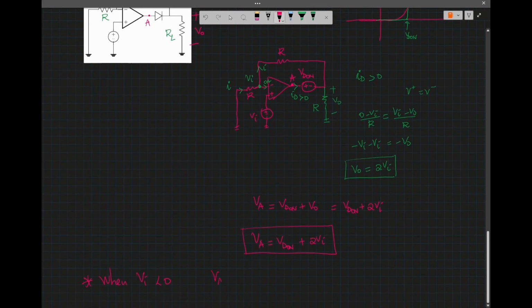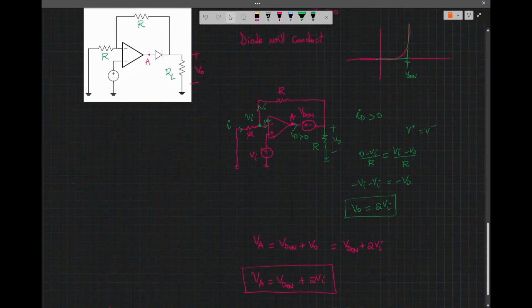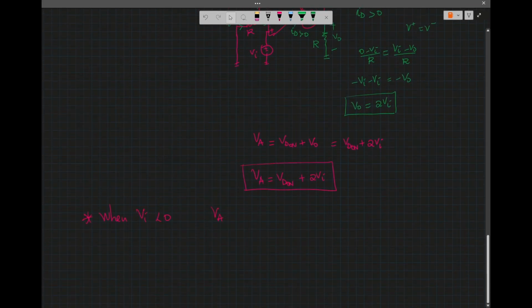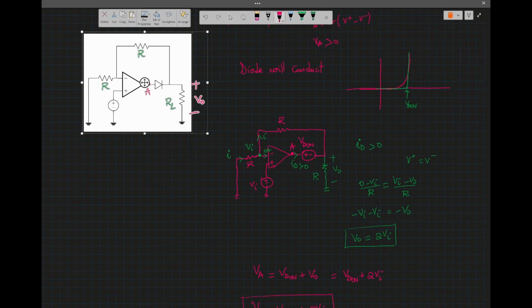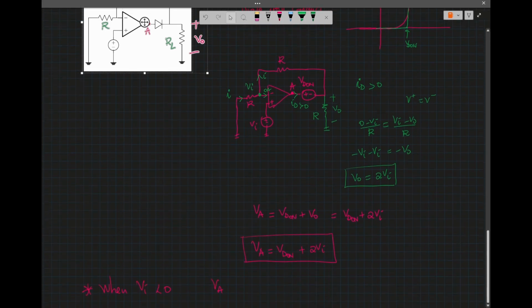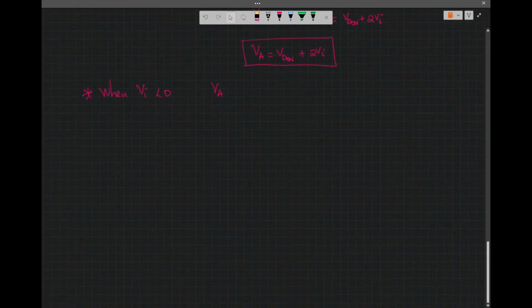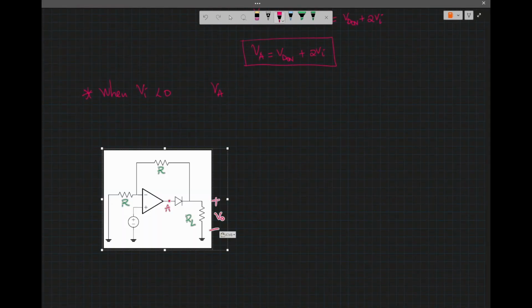So VA will be negative. So let me copy this down there. Maybe when we have it in front of us, we'll see.